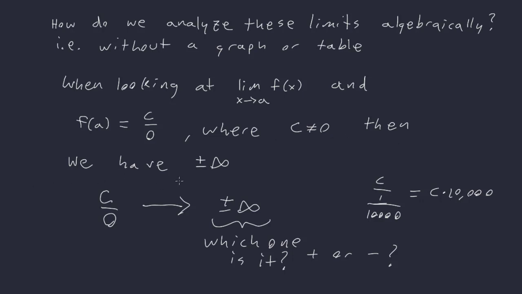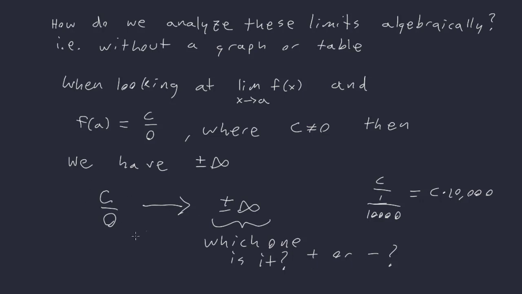Then we have plus or minus infinity, always. So then it's just a question of which one is it, okay? So the c over 0 is always a plus or minus infinity, okay? But which one is it, the plus or the minus?